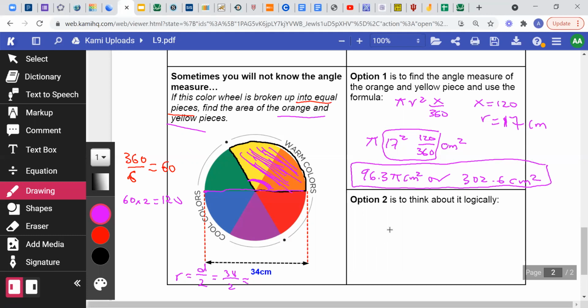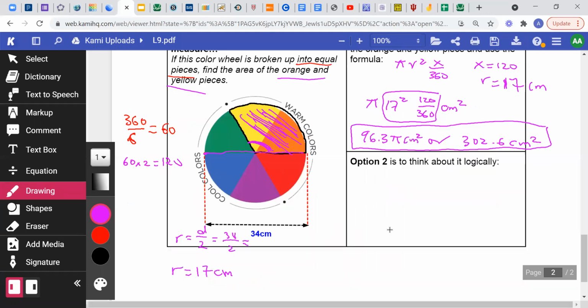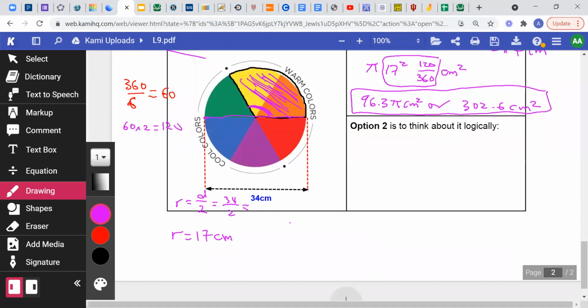So the next thing to do is to use logic to solve the problem. Instead of taking 120 over 360, you can just take the ratio of the parts you want to find the area of over the total subdivisions you have here. So here, you're going to take x over 360 to be equal to this.